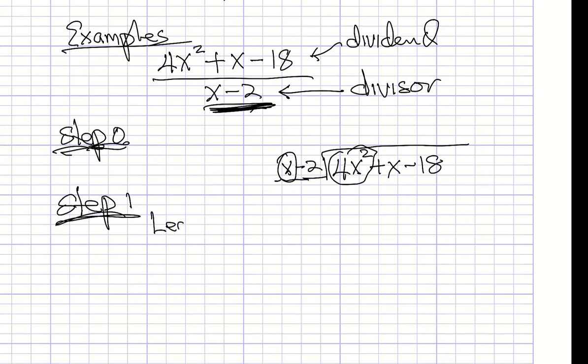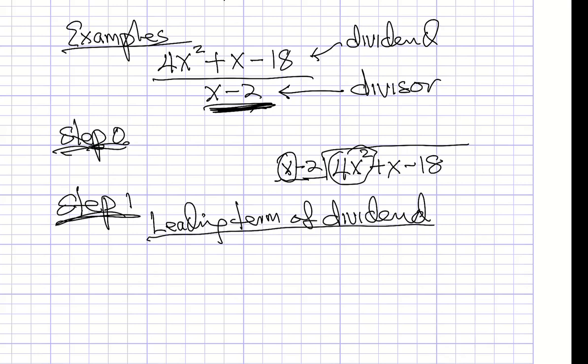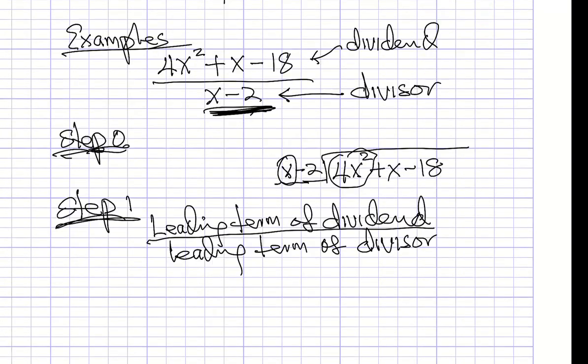Take the leading term of the dividend, and you divide it with the leading term of the divisor. Alright, that's what you do.